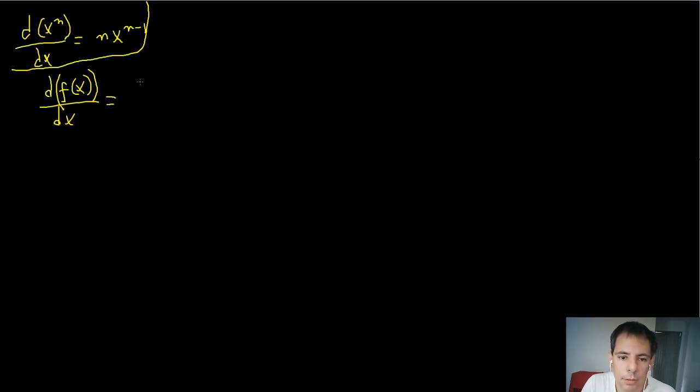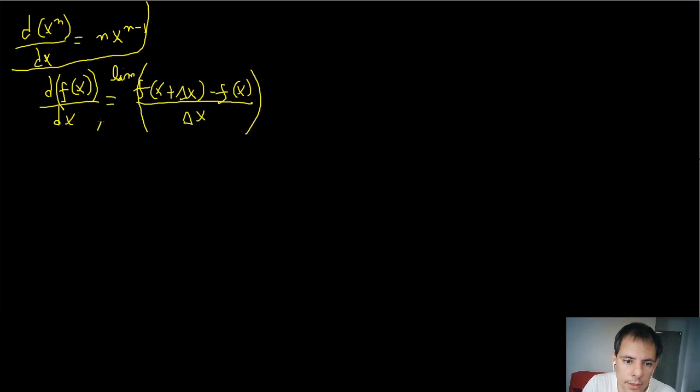It's going to be equal to f of x plus delta x minus f of x, all this divided, well, actually it's going to be the limit of this thing here as delta x goes to 0.